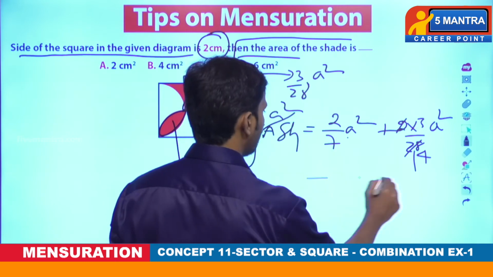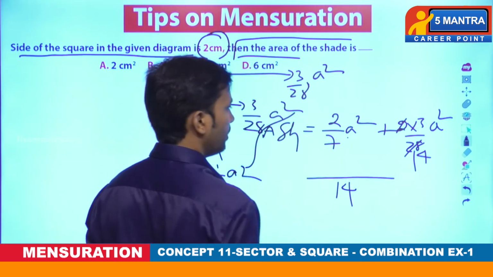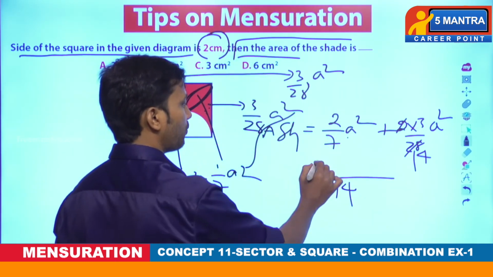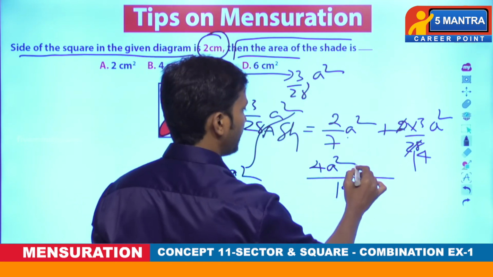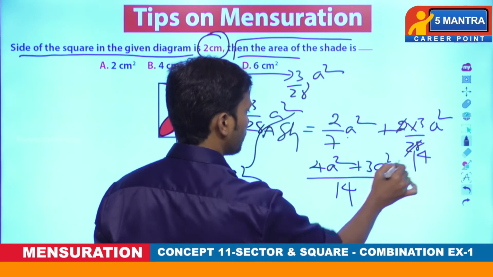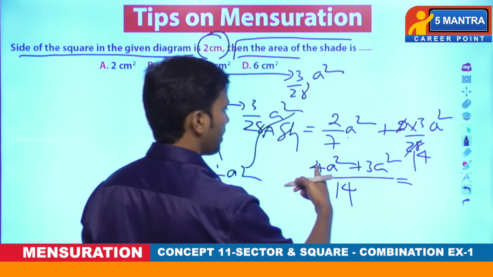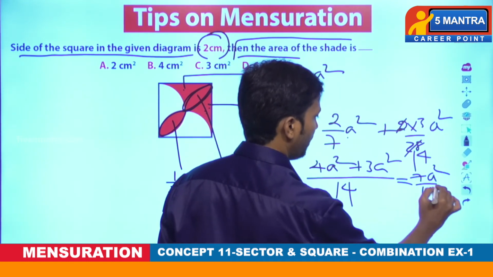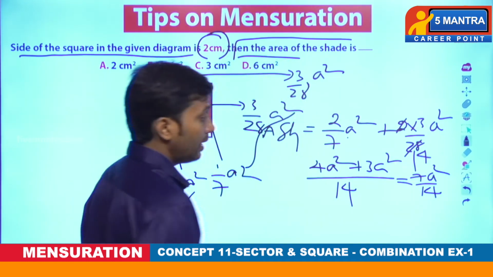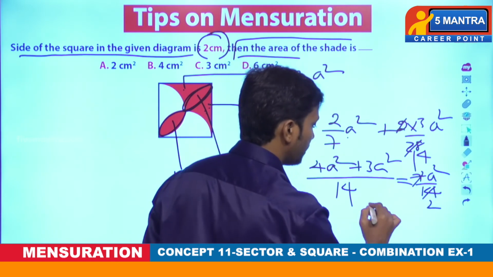Now if you take LCM, what would be the LCM? 14. 7 2s are 14, 2 2s are 4 a square, and 14 1s are 14, 1 into 3 a square. That would be 7 a square by 14. Now 7 1s are 7, 7 2s are 14, that is a square by 2.